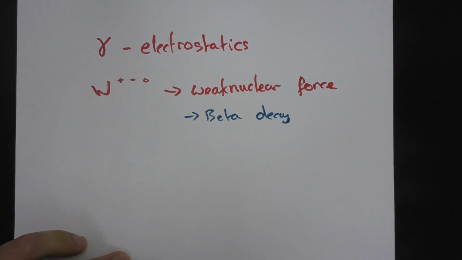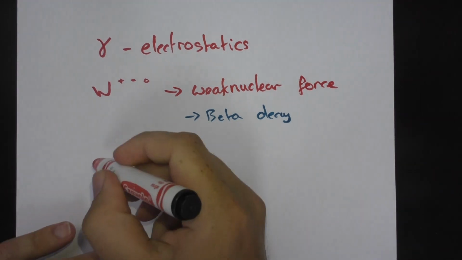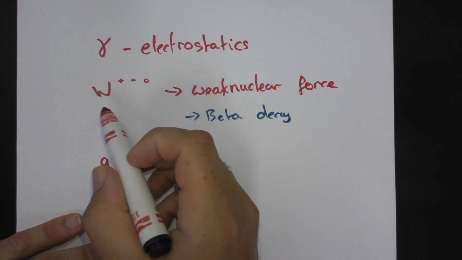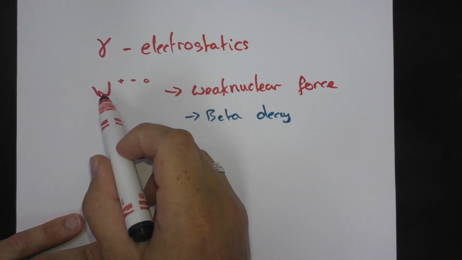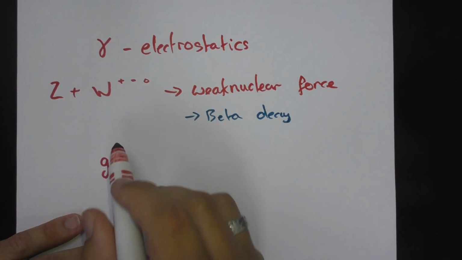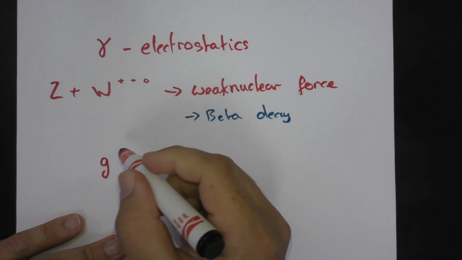Right, so first of all, we need to cover one more, don't we? There's one more which I mentioned, which is the strong nuclear force. Now, the strong nuclear force is governed by gluons. So these are W bosons. They can also be used by Z bosons as well. I meant to say that, Z bosons. Z and W plus, minus, and zero bosons.